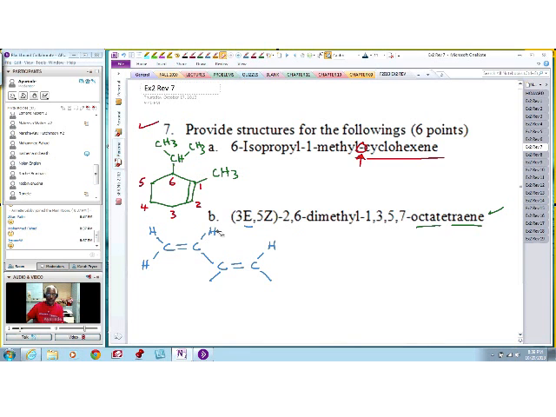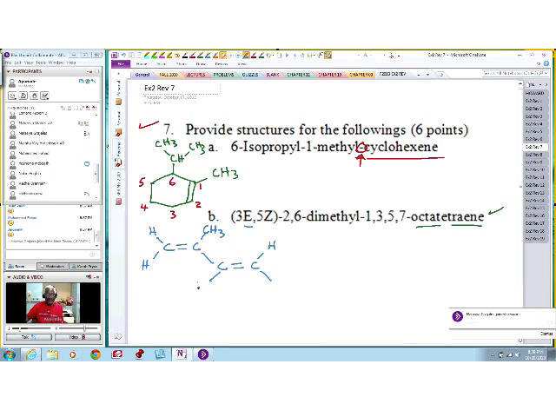In position 2, we have a methyl. So therefore, we have hydrogen here.